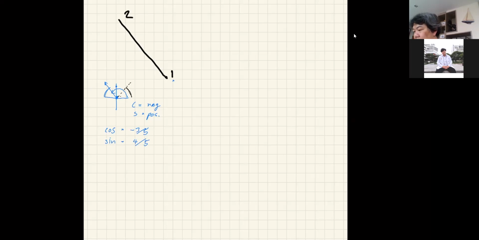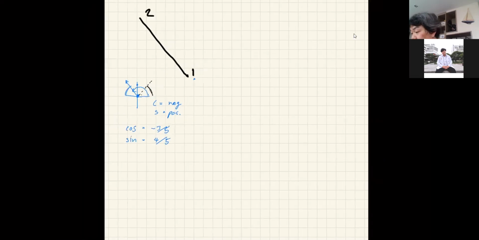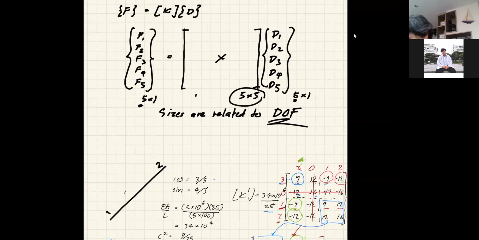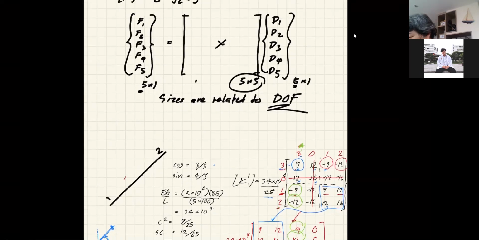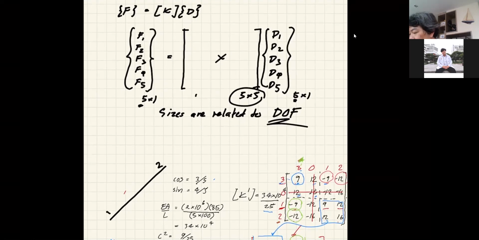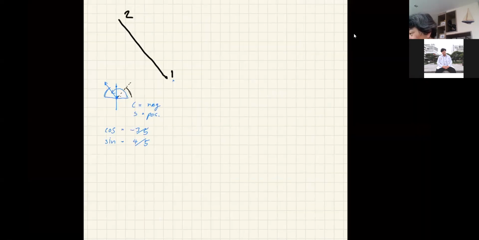I'm trying to be consistent with how I write member number 1. So let me go back a little bit. Okay, let's move to black now. EA over L, if we are going to calculate, I think it should look the same.